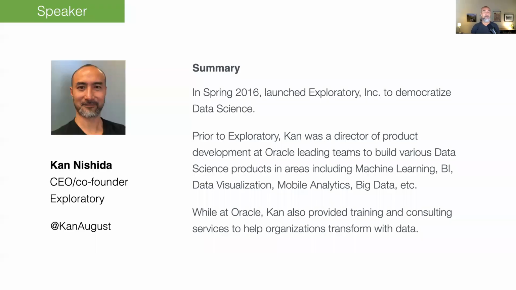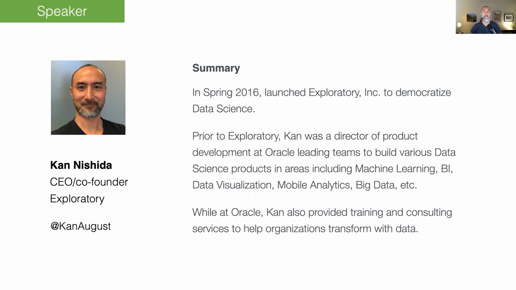So before I get started, let me introduce myself. My name is Kan Nishida, CEO at Exploratory. And Exploratory is the company that we started back in the spring 2016 to democratize data science by building the software product or tool to make it easier to do data science. And also, not only building the tool, we realized that actually the knowledge and the skill to do the data science is also very important.